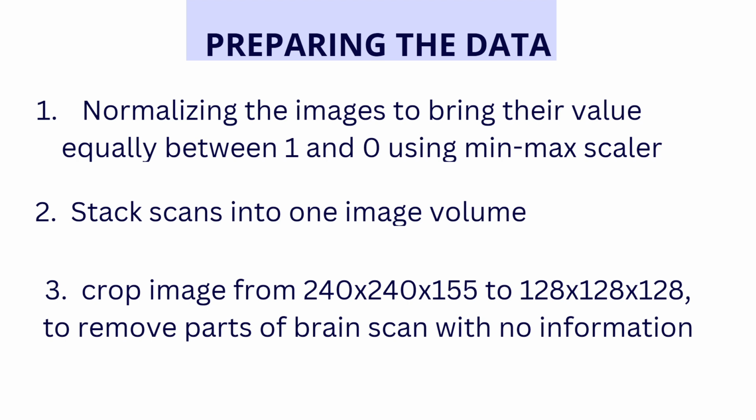Then for preparation of the datasets, we normalize the images to bring their values between 0 and 1 using min-max scaler. We stacked the images into one image volume. We cropped the image from 240, 240, 155 to 128, 128, 128 pixels.